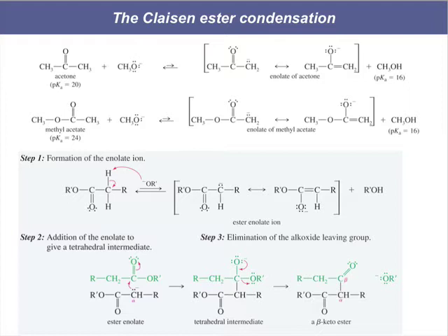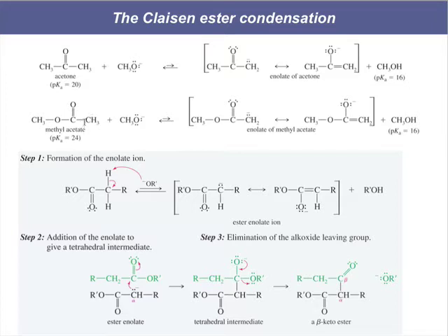The Claisen ester condensation is a lot like the aldol condensation, except we're going to use esters instead of aldehydes or ketones. I want to point out that compared to a carbonyl like acetone, whose pKa at its alpha carbons is about 20, an ester at its alpha carbon has hydrogens with pKa's of about 24.